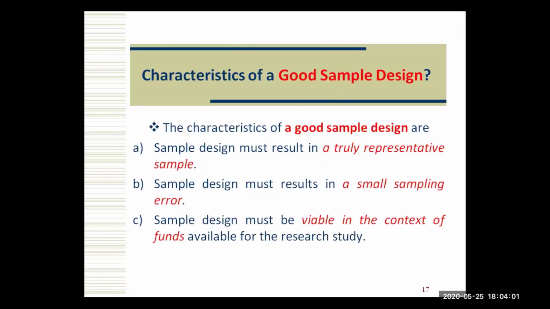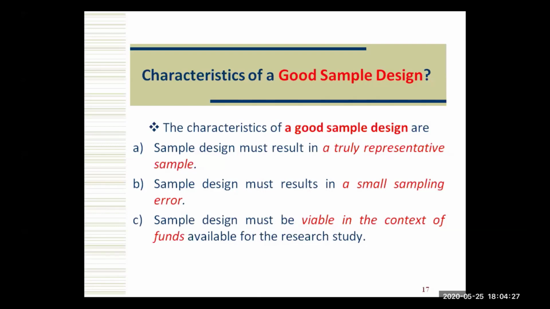So far, the discussion has been mostly introductory issues related to sampling design. There are also certain issues that need to be considered for developing a very good sampling design. A very good sampling design is a design that will truly represent the whole population.